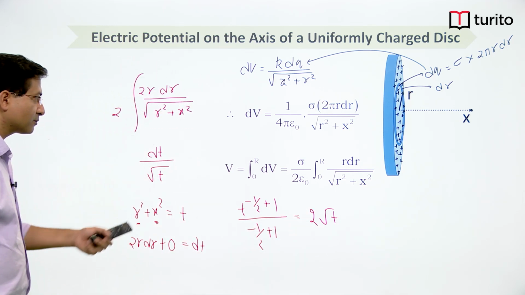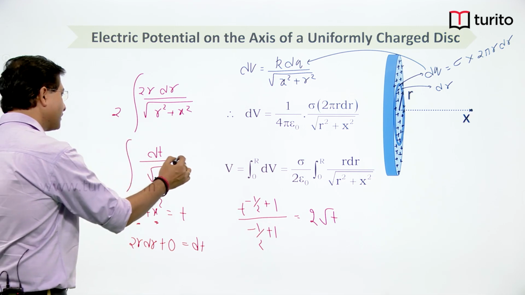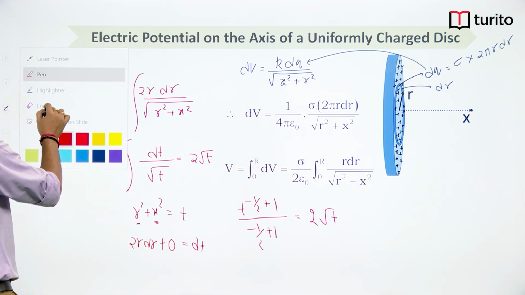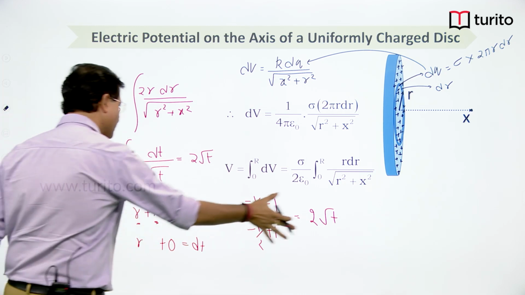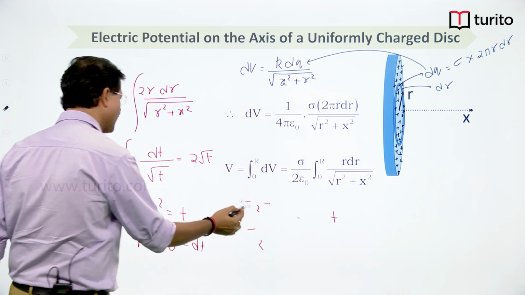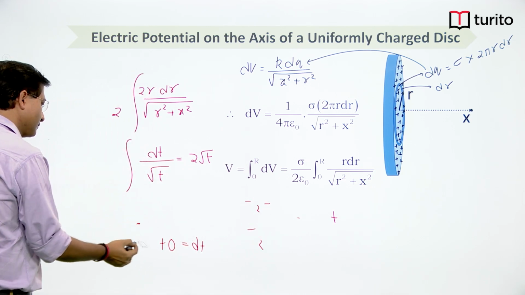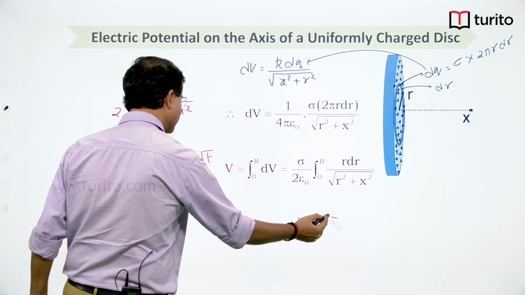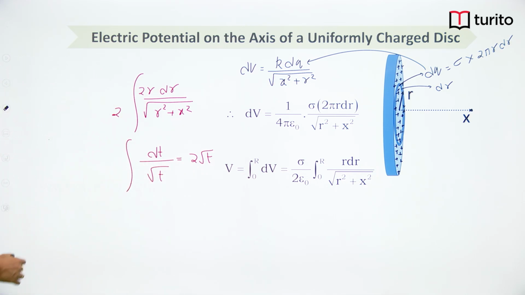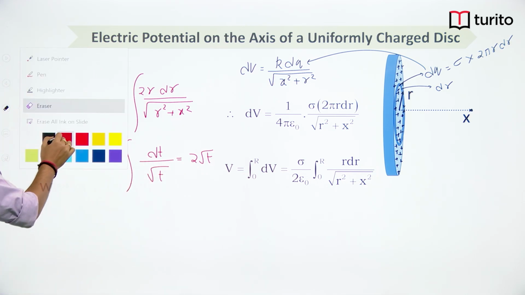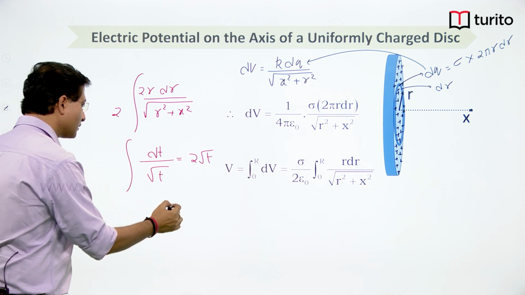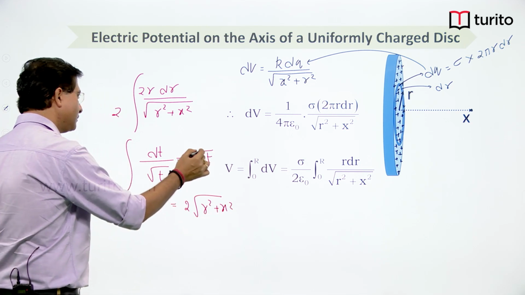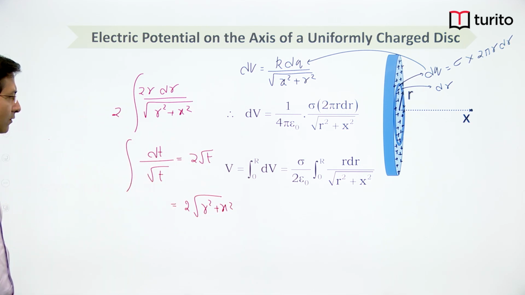So, the integration of this expression will give you 2 under root t. And what was t? I hope this part is clear, so I erase all. So, this is nothing but 2 under root r square plus x square. I substitute the value of t back.